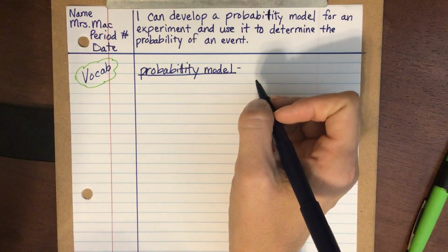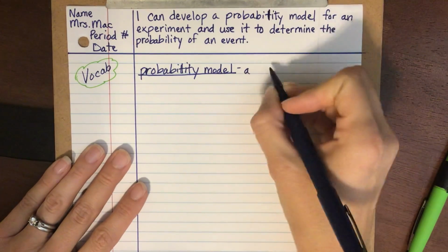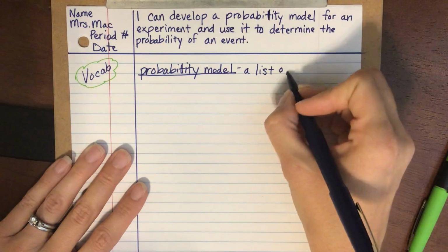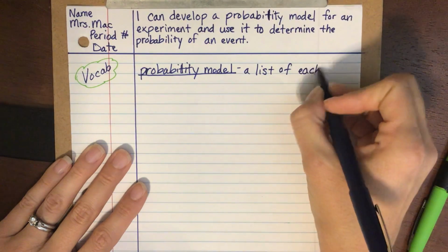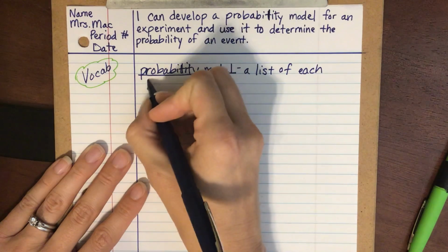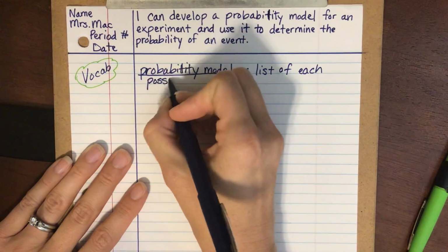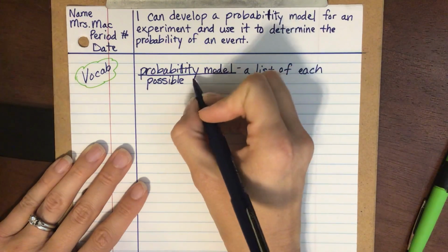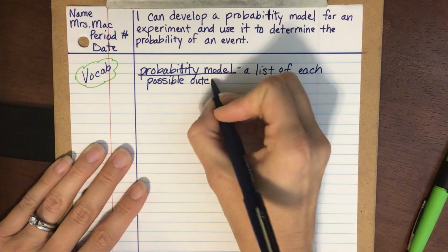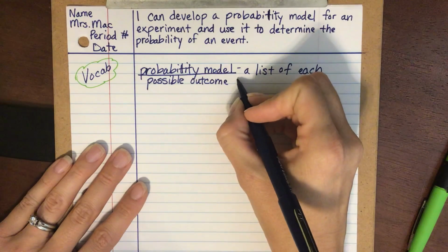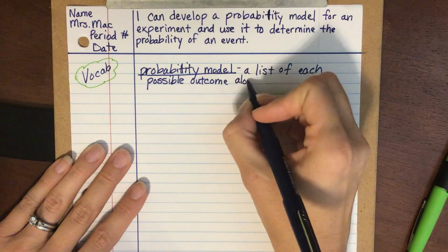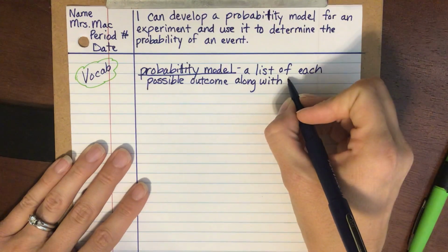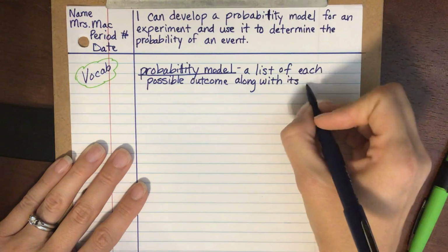So a probability model is a list of each possible outcome along with its probability.